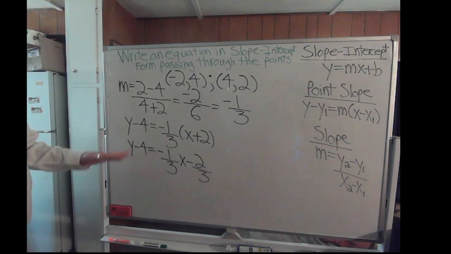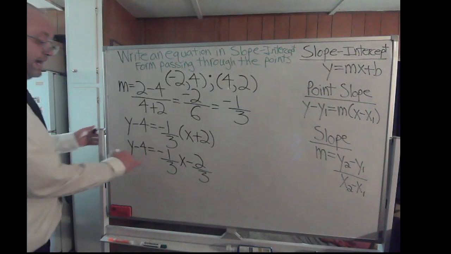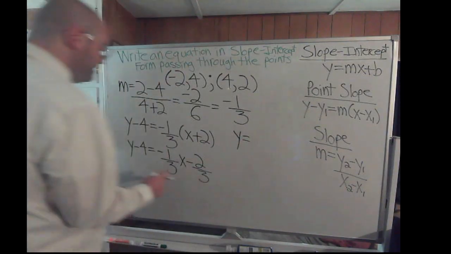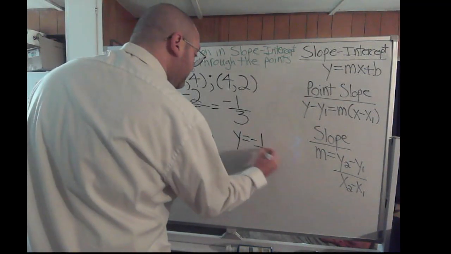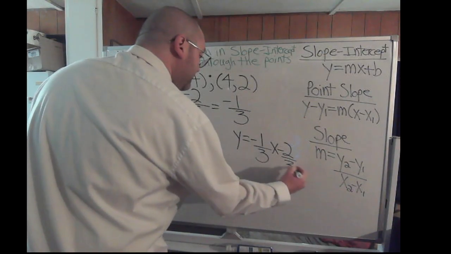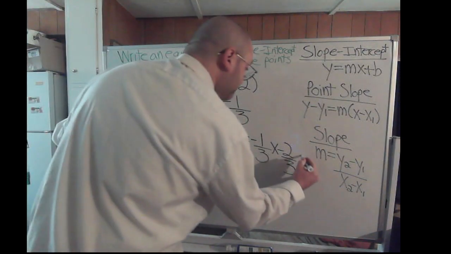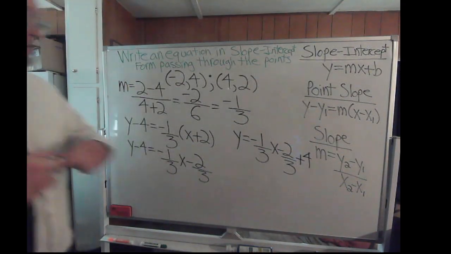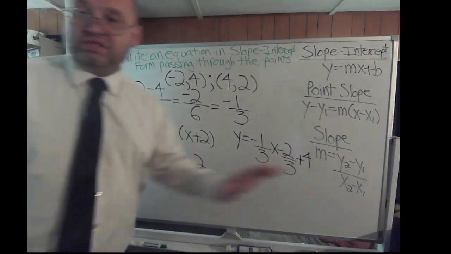Well, in order to get y by itself, we have a minus 4, we need to add 4. If we add 4, you do in fact get y by itself. That'll be equal to negative 1/3 x minus 2/3, but we got to add 4, so plus 4. So you have negative 1/3 x minus 2/3 plus 4.